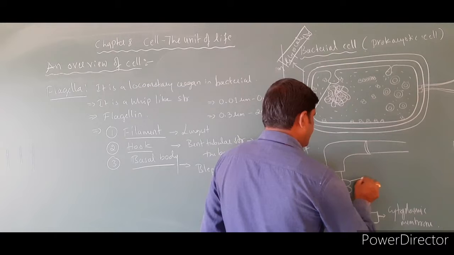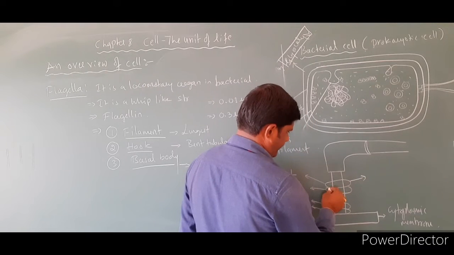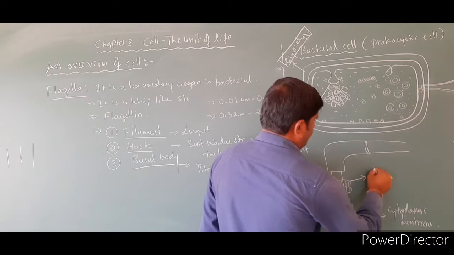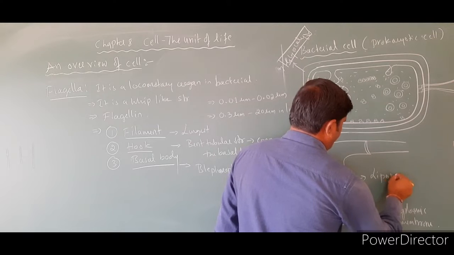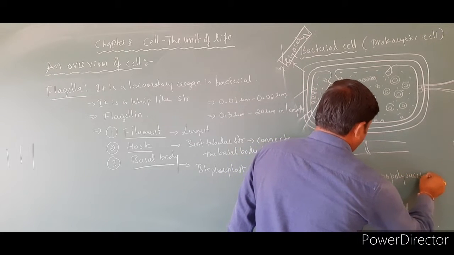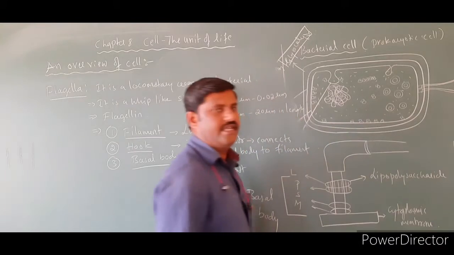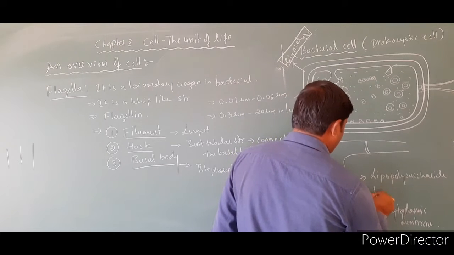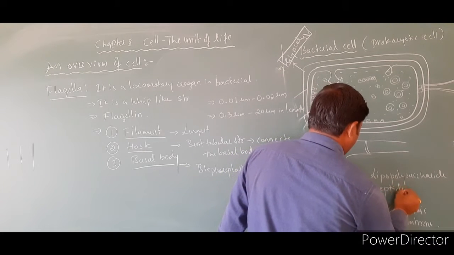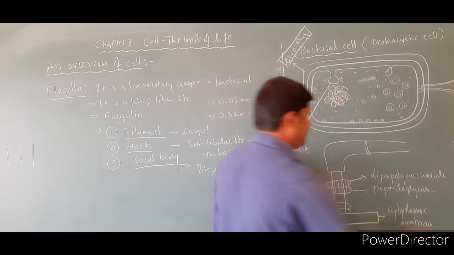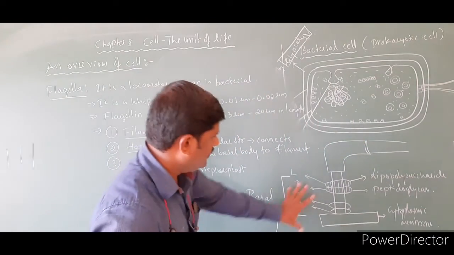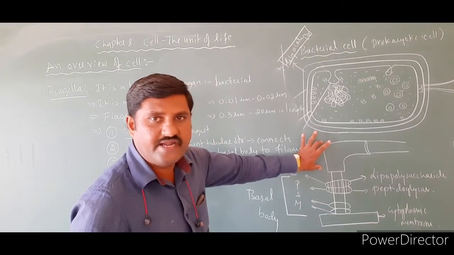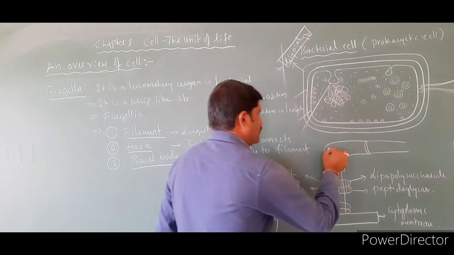This ring is made up of a lipopolysaccharide layer, and this layer is made up of a peptidoglycan layer. The entire structure together forms the basal body, and this bent tubular structure is called the hook.